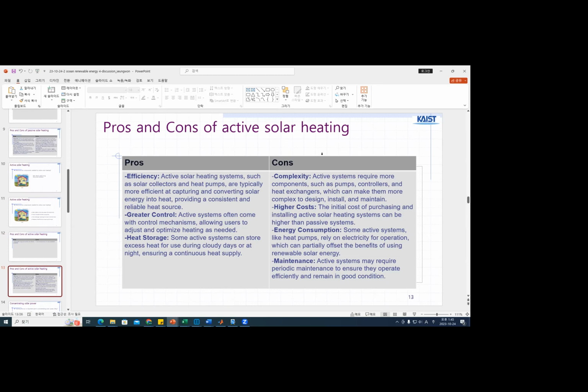And also there are cons here. Like you guys said, it has high complexity compared to passive heating because it requires pumps, controllers, and heat exchangers.